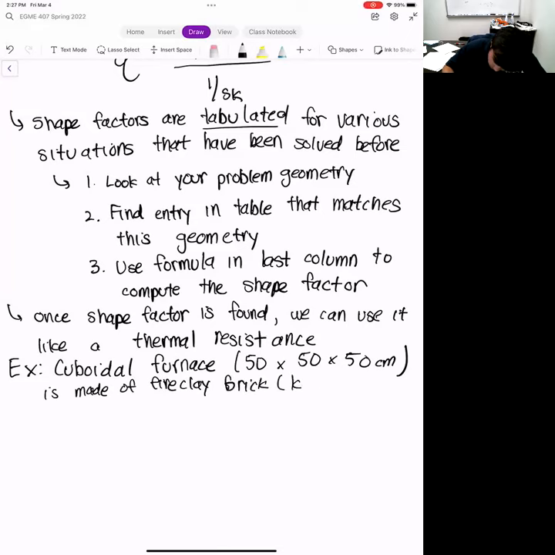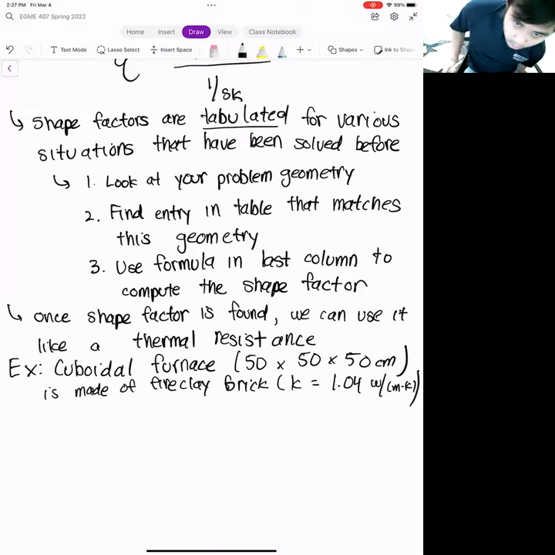The thermal conductivity of fire clay brick is 1.04 watt per meter K. The walls of the furnace are 10 centimeters thick.